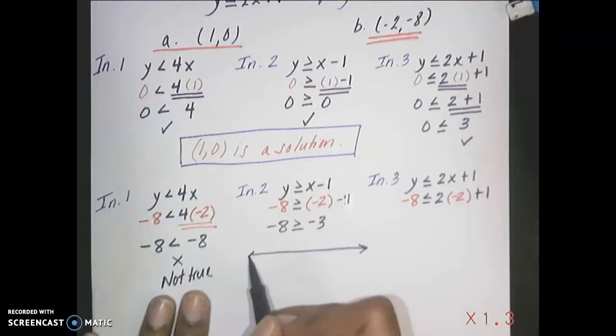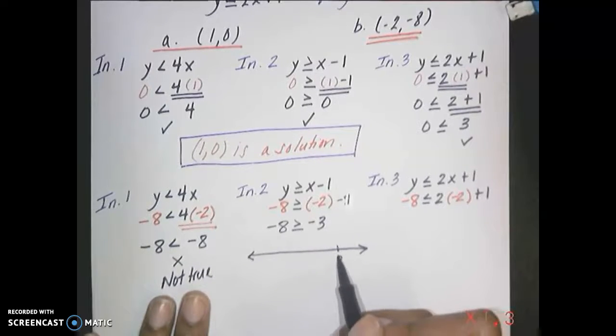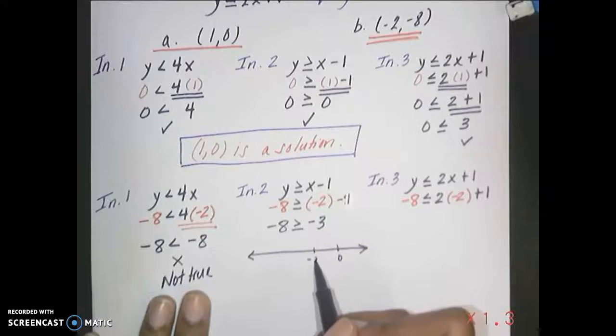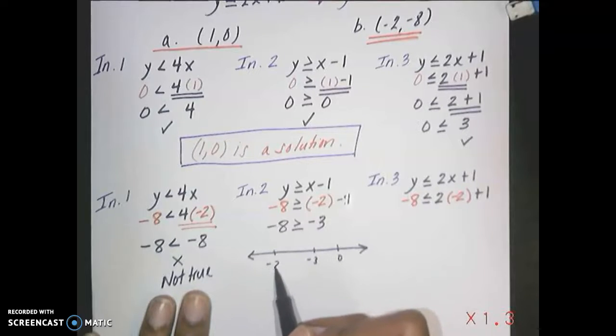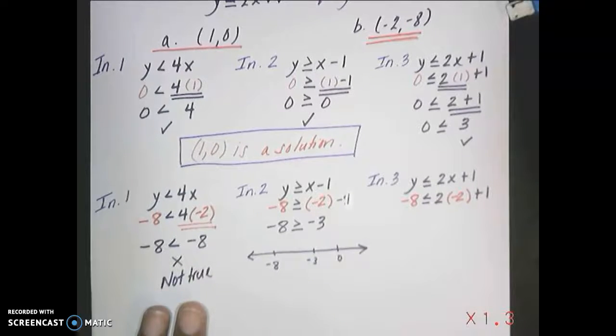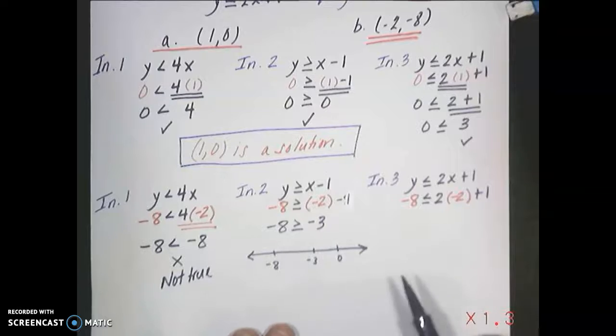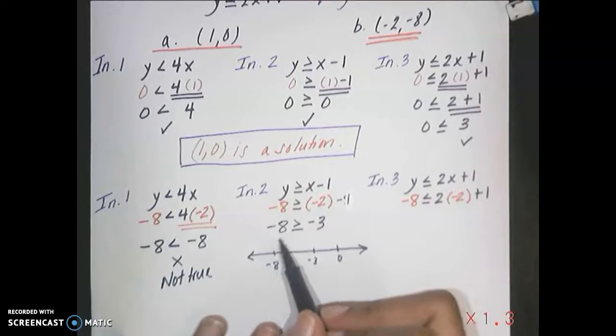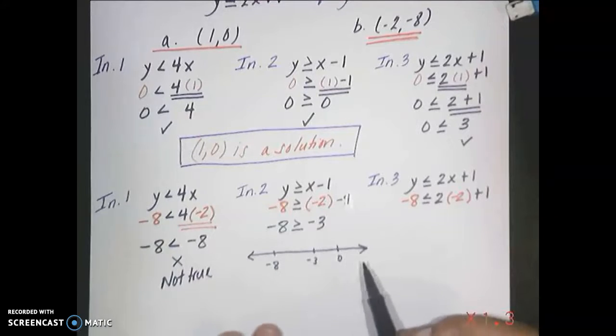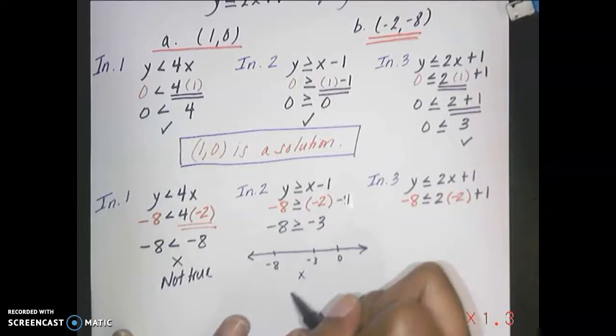Okay, so we would have a 0 here, negative 3 would be here, and negative 8 would be somewhere way over there. Now, it's true that the numbers to the right get larger, so it gets greater. So in this case, negative 8 is not greater than or equal to negative 3. This one is also not true.